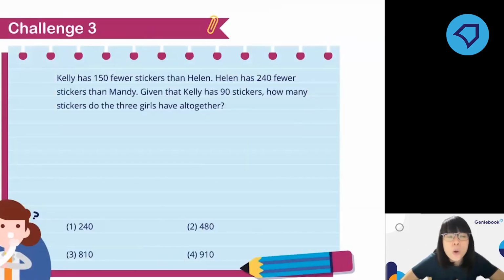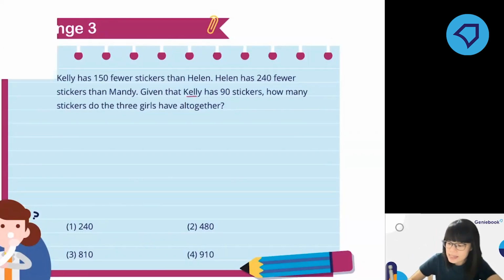Kelly has 150 fewer stickers than Helen. Helen has 240 fewer stickers than Mandy. Given that Kelly has 90 stickers, how many stickers do the 3 girls have altogether? Wow. I'll write down the partial statements for you again, and from there you have to figure it out by yourself. So you already know Kelly has 90.